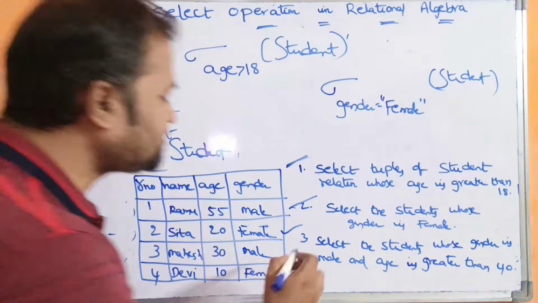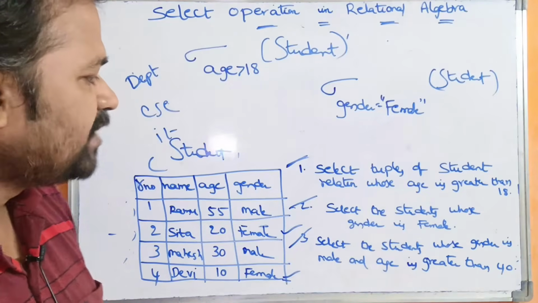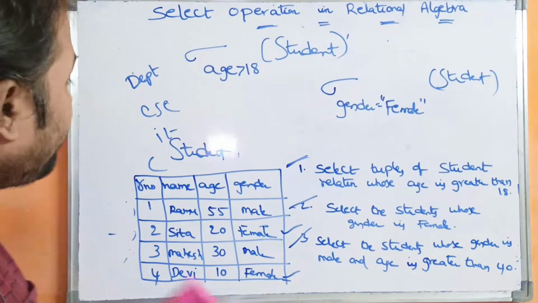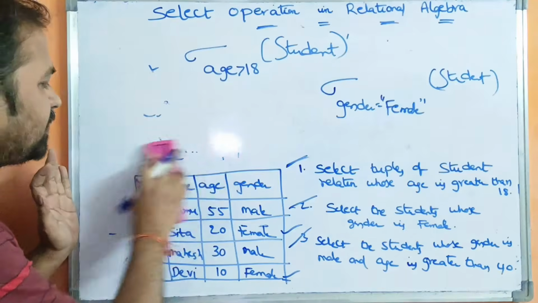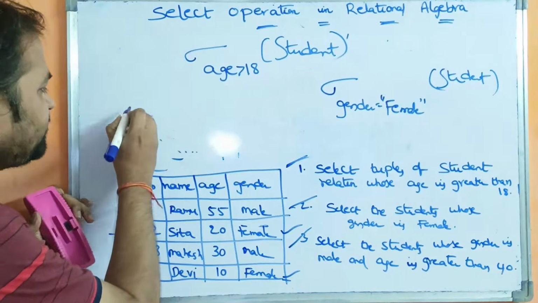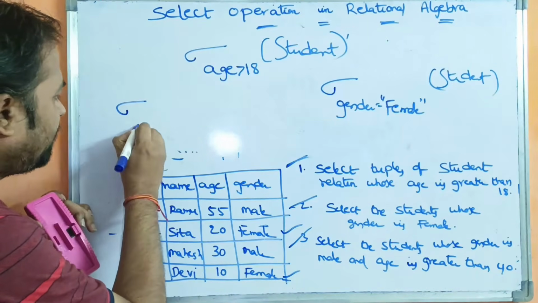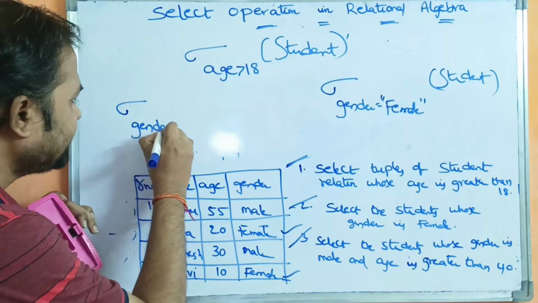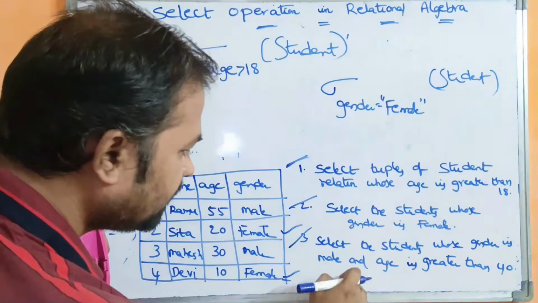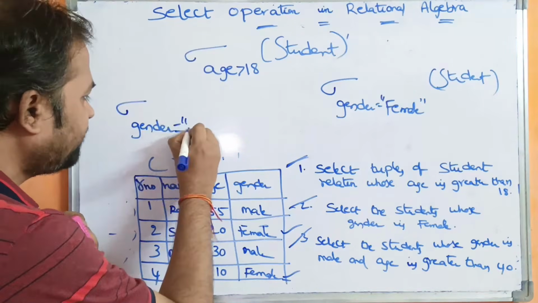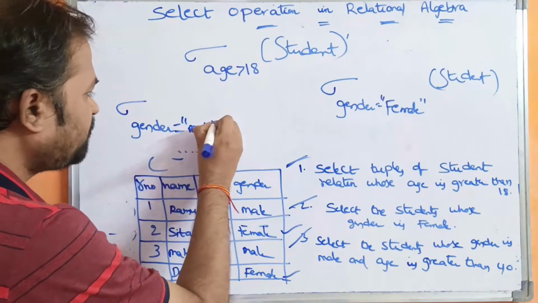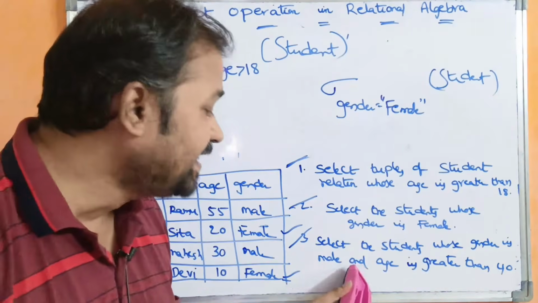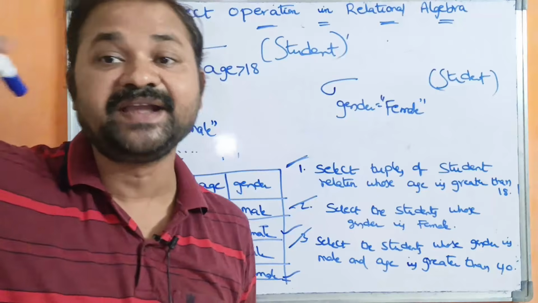Now let us see the last query. Select the students whose gender is male and whose age is greater than 40. Select means we have to use sigma. What is the condition, the predicate? Gender is equal to male. Male is characters, so we need to place it within quotations. And means we have to use the and connective.